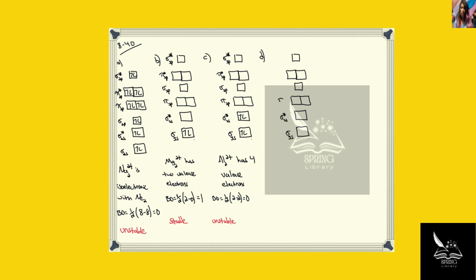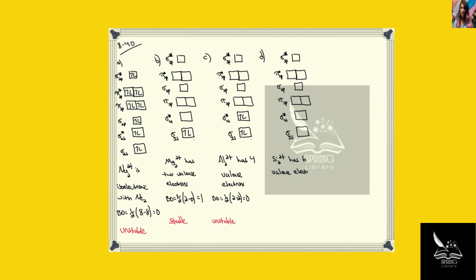Now for the next one, we have silicon 2+. Silicon is still on the side of the periodic table that has this arrangement rather than this one. Silicon has 4 valence electrons. There are 2 of them, that's 8, but we have a 2+ charge, so minus 2 gives us 6.